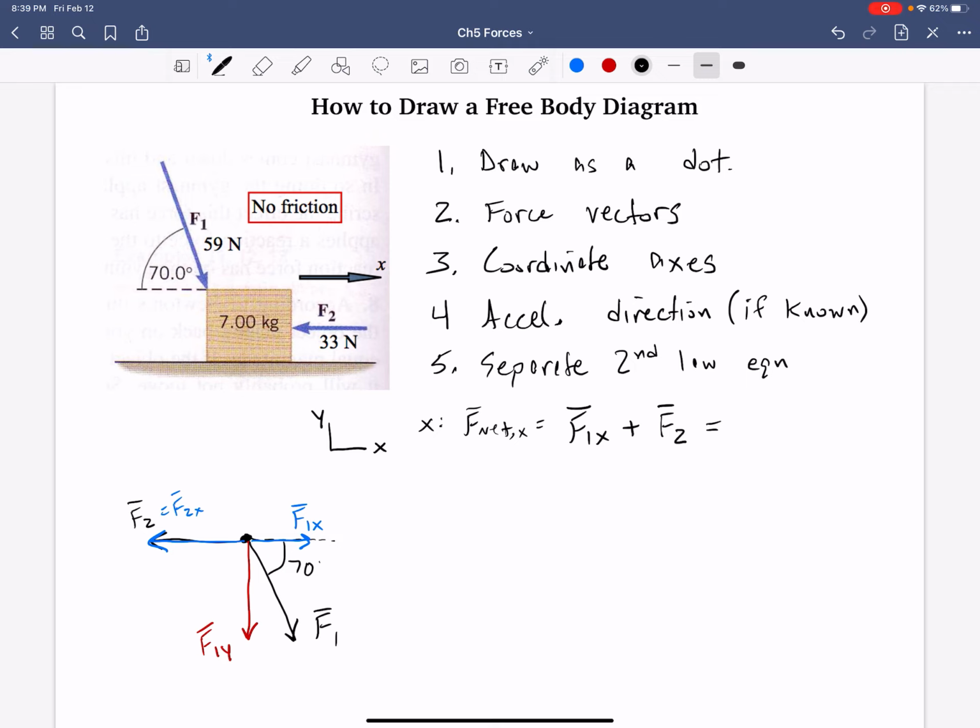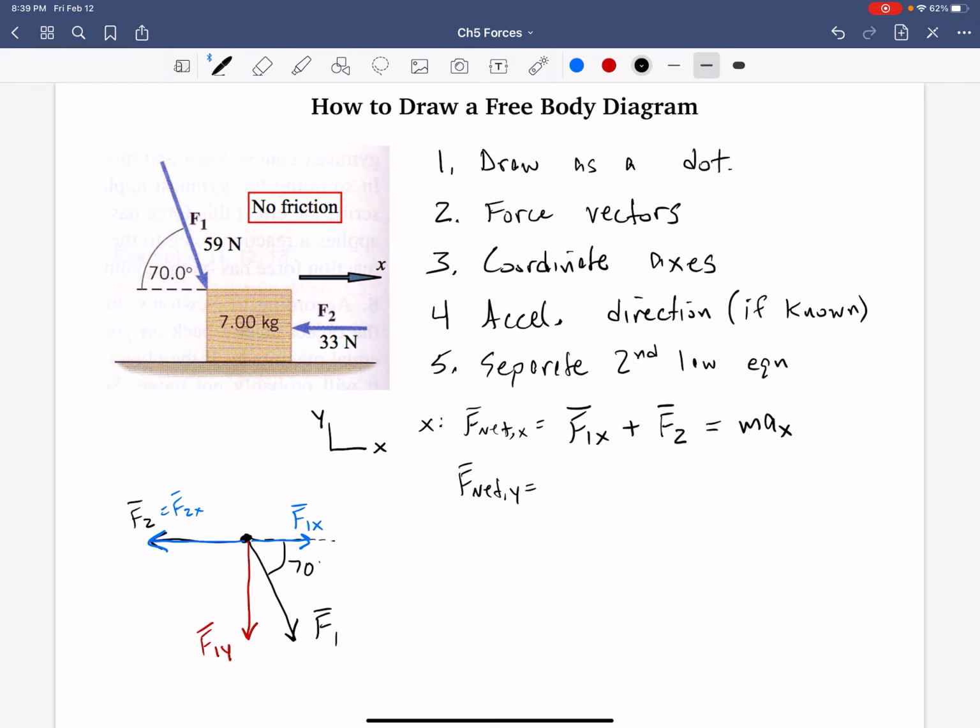So the total force equals mass times acceleration in the x direction, right? Don't forget to specify a x. Now let's do the same thing for the y direction. The net force in the y direction vector.